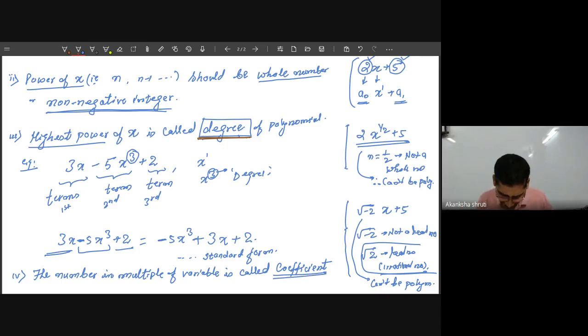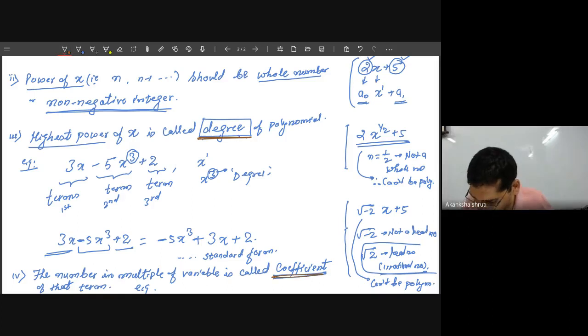So it is the coefficient of that term. Example, what is this? I will write ahead. Okay, so what is this coefficient?